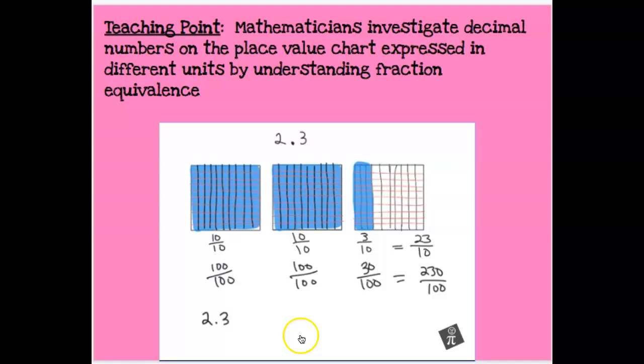2.3, I can think of that as 2 and 3 tenths, and I can think of that as 23 tenths.